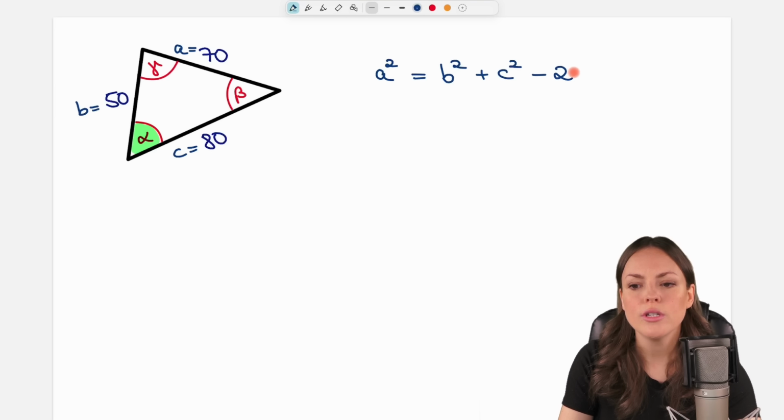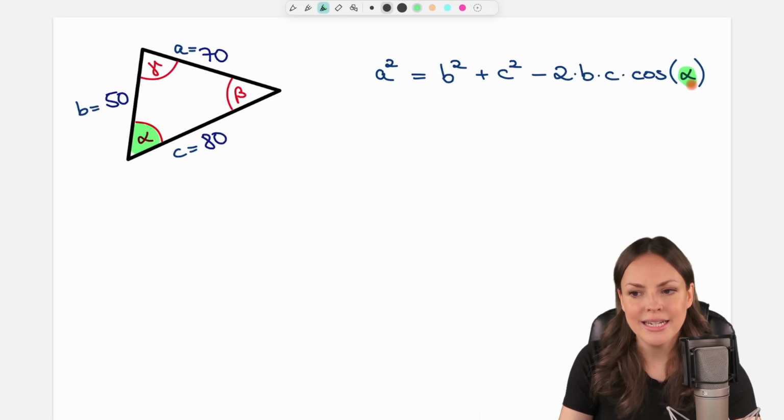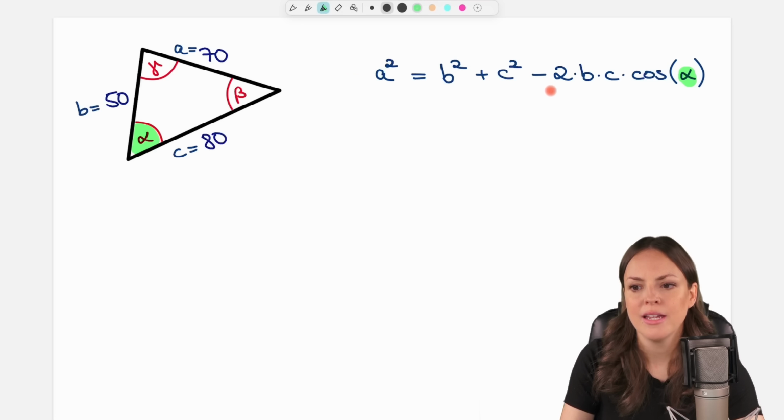It is 2 times this side, so B, times this side, C, and then times, because it's the law of cosines, we have cosine of the angle we've chosen, so of alpha. So every time you have alpha in your cosine here, you will have A on the other side, so the things that lie across each other here.